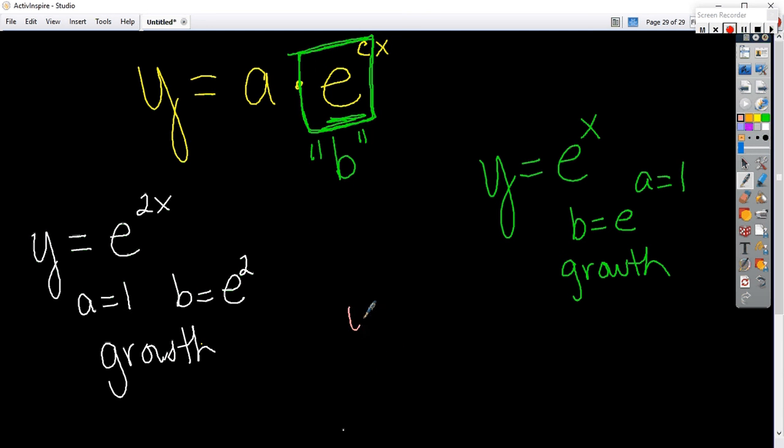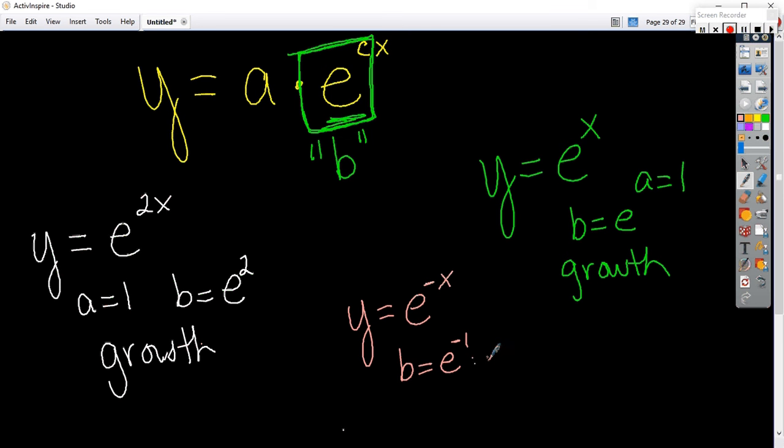Somebody said it. A negative exponent. What does a negative exponent do? Flips it into a fraction, right? So if I had e to the negative x, that would make my b e to the negative 1, right?